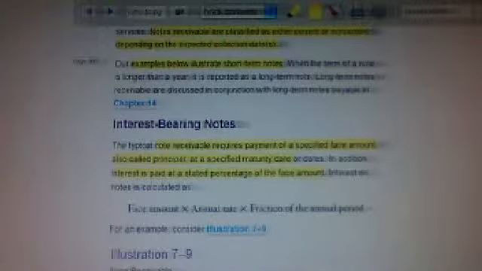The first type of note we'll talk about is an interest-bearing note, and this note receivable will require a specific payment of the face amount, also called the principal, which will be paid at the maturity date of the note. And then it will also call for interest to be paid at a stated percentage of the face amount.